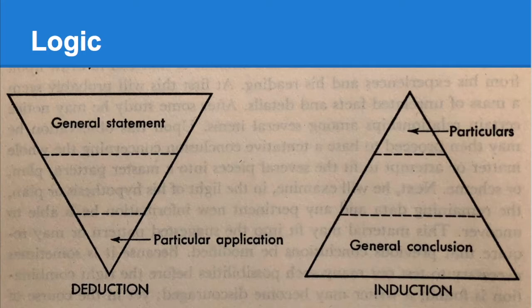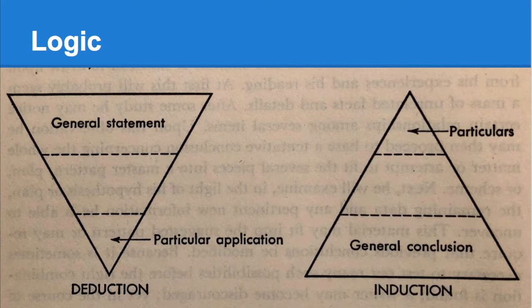And then we apply that theory to different particular instances to figure out if something follows or fits within the definition and therefore has to have the application of that general concept applied to it. I'll show you what that looks like in a second.